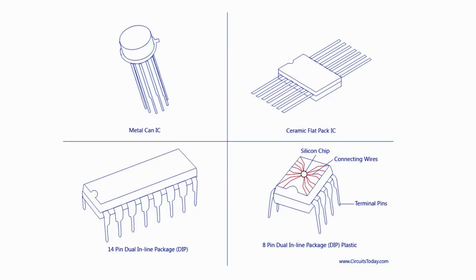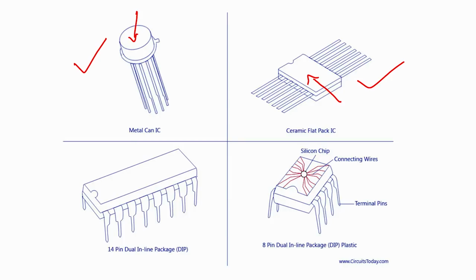The first IC on the left corner, this particular IC, is nothing but a metal can IC. When you see this particular thing, this is a metal cap, alright. So, this is called a metal can IC or metal can integrated circuit. Then there is another one, which is this one. This is a ceramic flat pack integrated circuit. You can see it is a flat pack and it is ceramic.